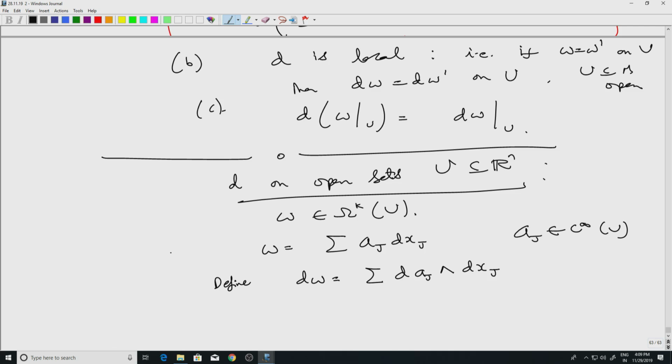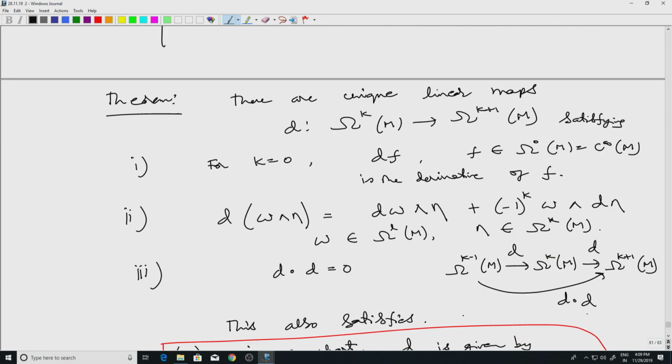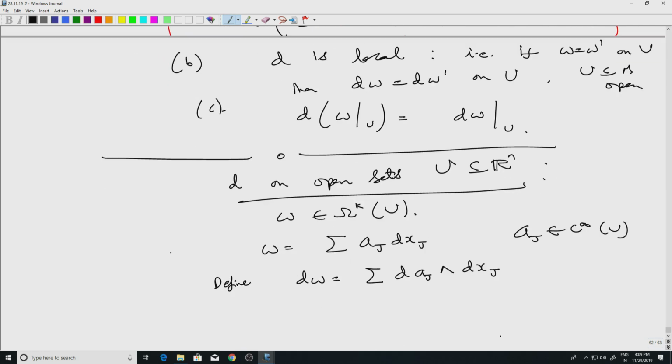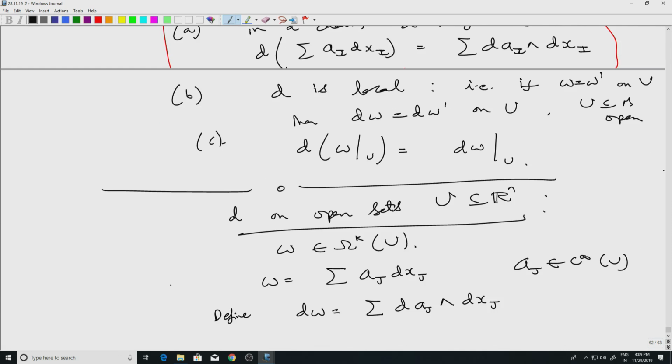Now why do we define it this way? Well, if we want the second property and the third property to hold, this is pretty much forced on us, because if I start with d omega of this form, and of course I also need d to be linear. So d omega would be the sum of d of these terms. D omega is the sum d of aj dxj.